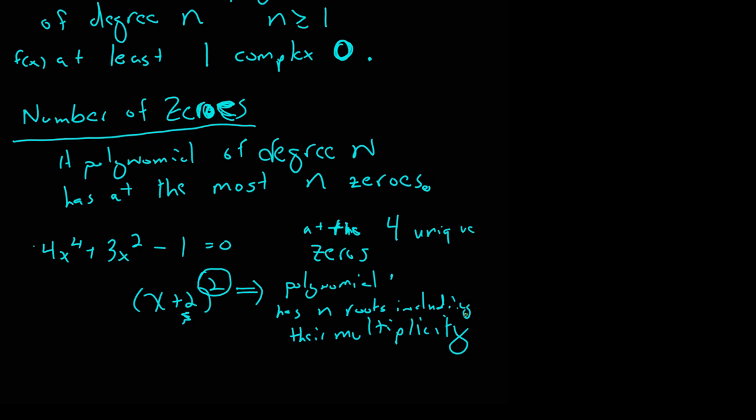Okay, so this is getting us somewhere. We can now know, looking at a polynomial, how many solutions we should see. But we run into a couple of problems. This is saying that they're complex.